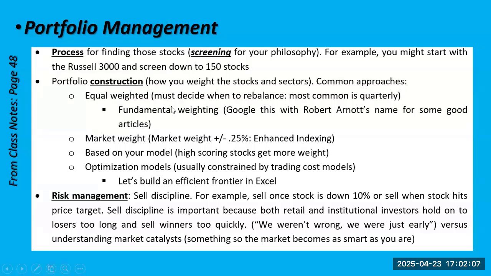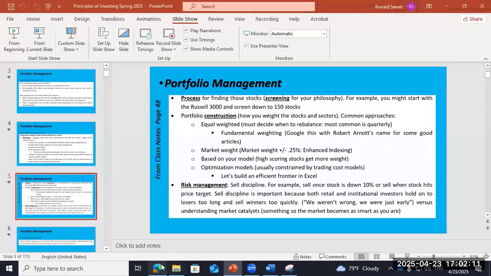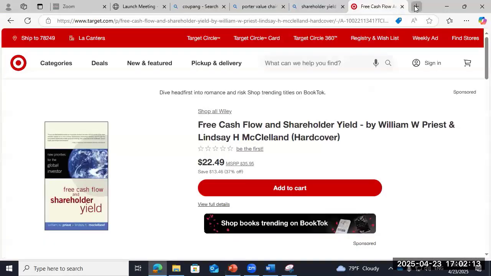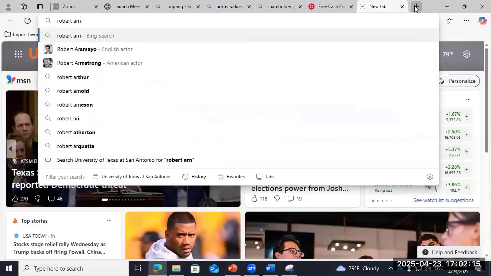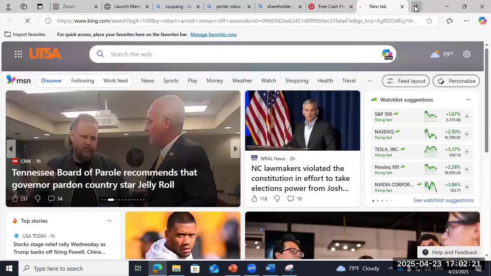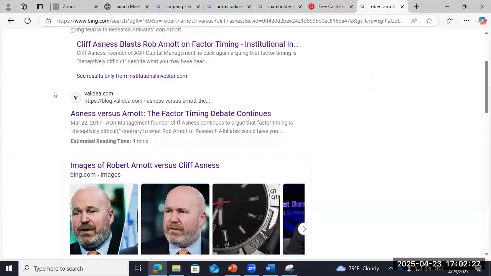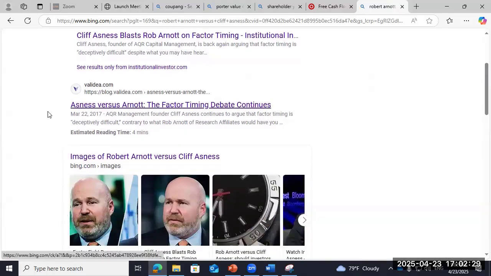You could do fundamental weighting, and you should go out and read these papers. Robert Arnott versus Cliff Asness. Go out and find this and read this. Factor fight, factor models, the factor timing debate continues.